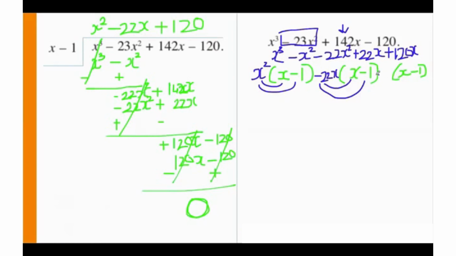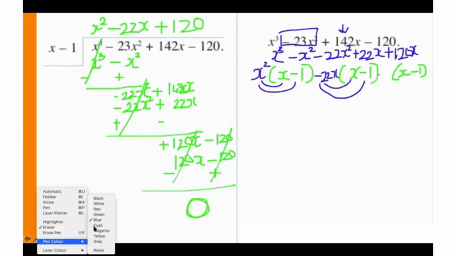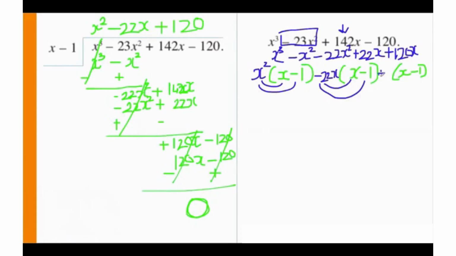So x into positive 120, there is not enough space. Positive 120, x into positive 120 gives me positive 120x, and x 120 into negative 1 gives us minus 120.